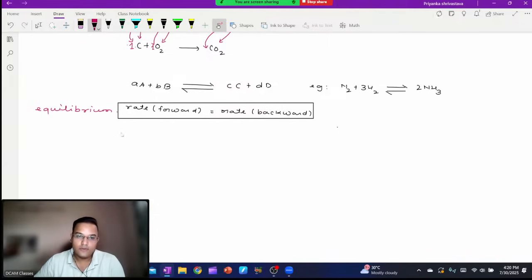Now, first we'll know, in a reaction of type aA plus bB is giving us cC plus dD, how do we calculate the rate? The rate of a reaction is written as minus 1 by a, d[A] by dt. This [A] represents the concentration of A.